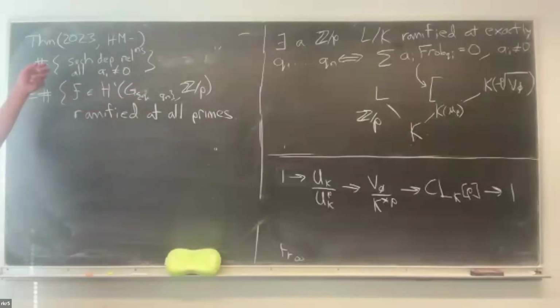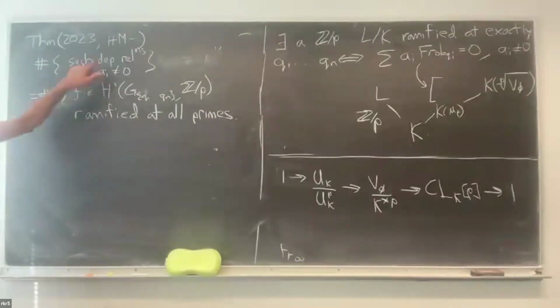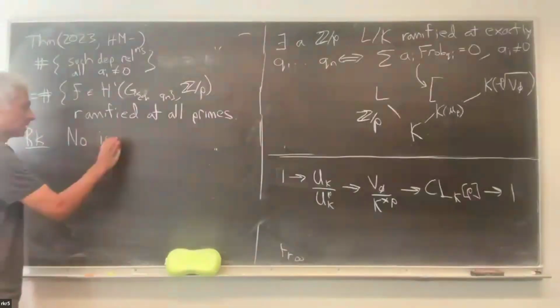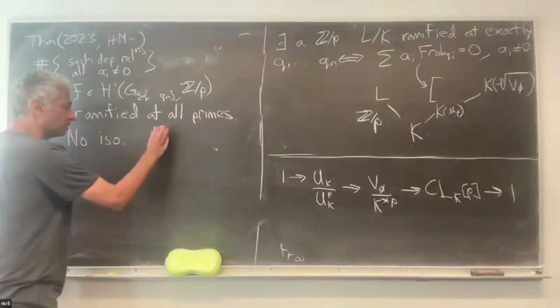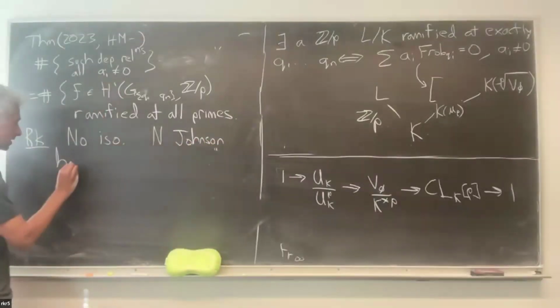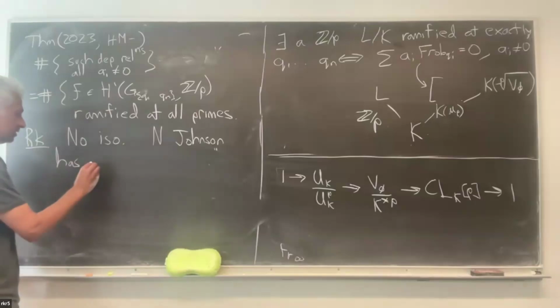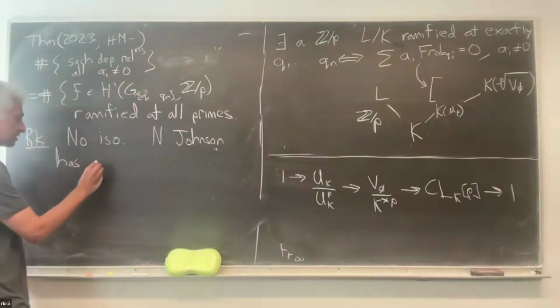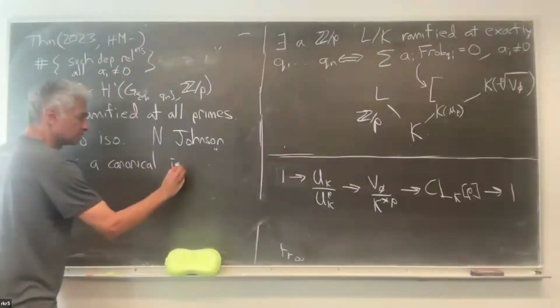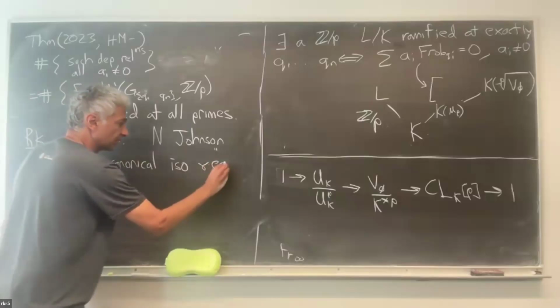And you have to have these kinds of things because any dependence relation you can multiply by a non-zero scalar, the same with a cohomology class. We did not get a canonical isomorphism, but Nicole Johnson, who's a student at Cornell, has gotten that isomorphism and is working on an equivariant version and lots of other generalizations.